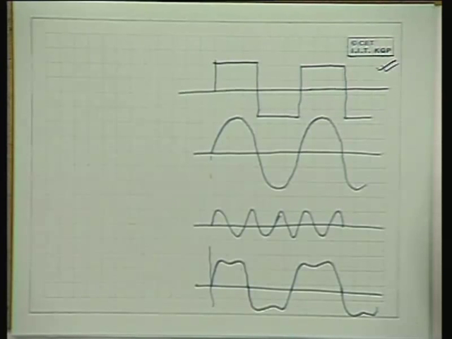Yes, asymptotically with an infinite number of harmonics it will be exact. For all practical purposes, after maybe the 10th harmonic or 20th harmonic, you can neglect them.